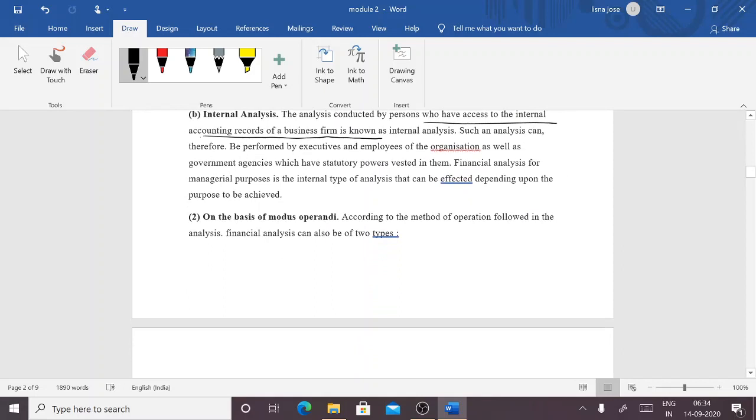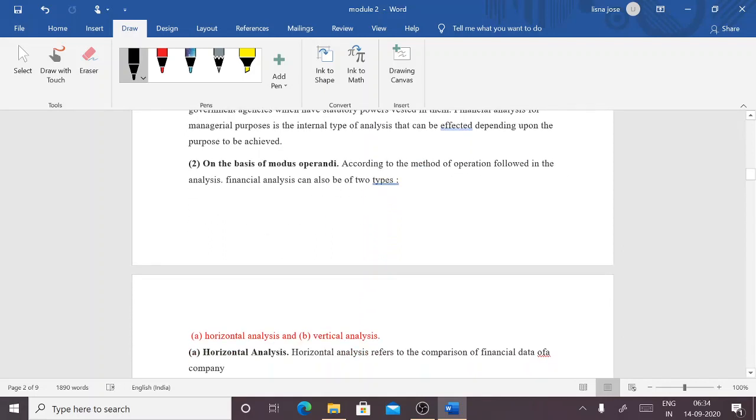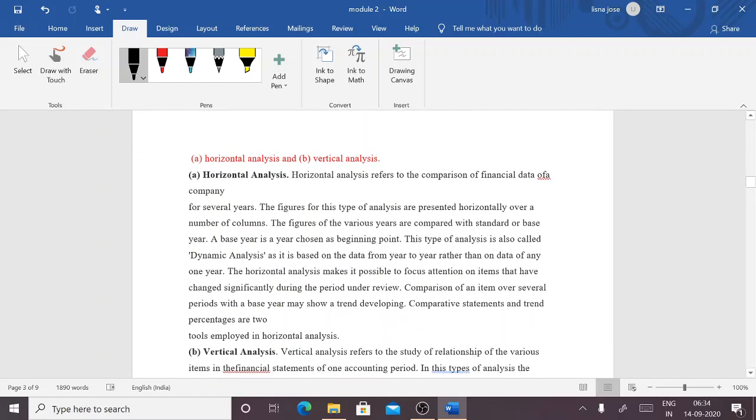Then on the basis of modus operandi, that is the method of operations followed in the analysis, there is horizontal analysis and vertical analysis. Horizontal analysis refers to the comparison of financial data of a company.